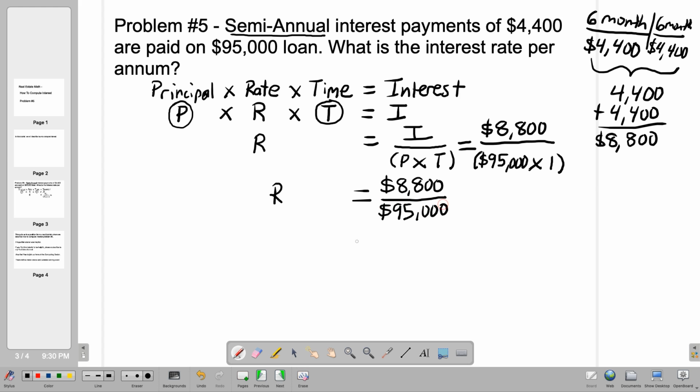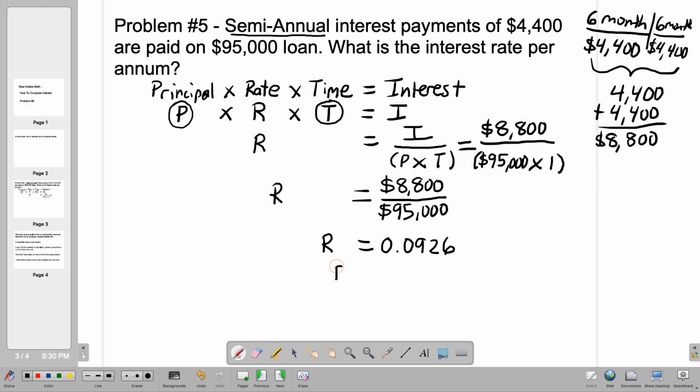So we have to solve for 8,800 divided by 95,000. That gives us a value of 0.0926.